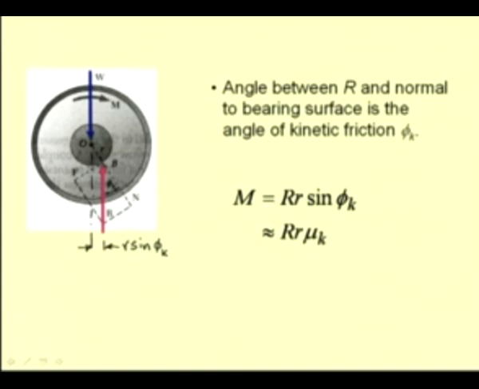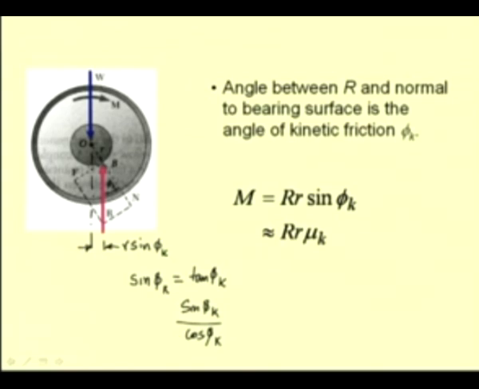For small angles of phi k, we know that sine phi k is equal to tan phi k. This is because tan phi k is nothing but sine phi k divided by cos phi k, and for very small angles cos phi k is nearly 1.